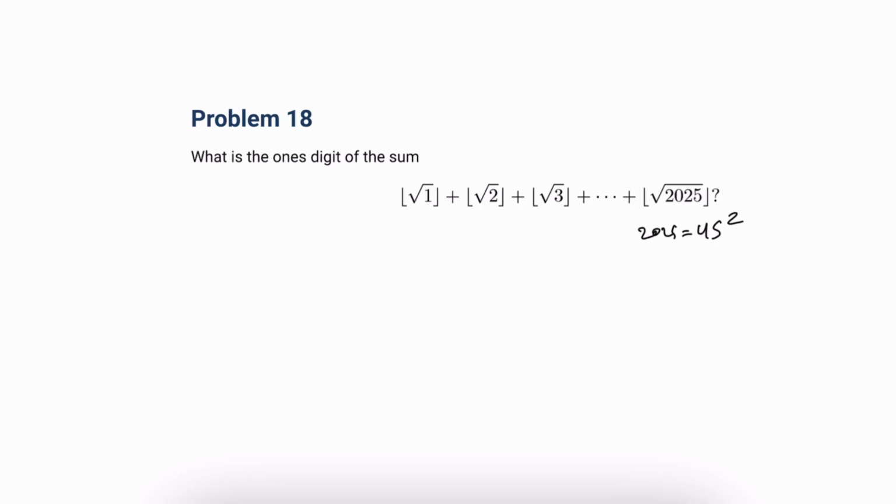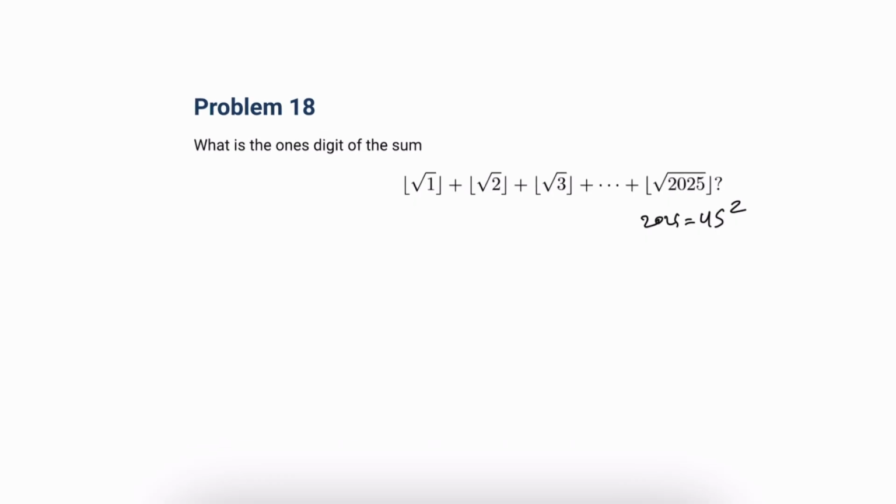So trying it out, how many times does 1 appear? It appears as the floor of the square root of 1, the floor of the square root of 2, the floor of the square root of 3, and that's it, because the floor of the square root of 4 would jump up to 2. So these are just the numbers between 1 and 3.